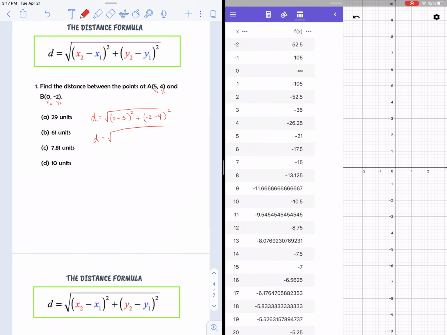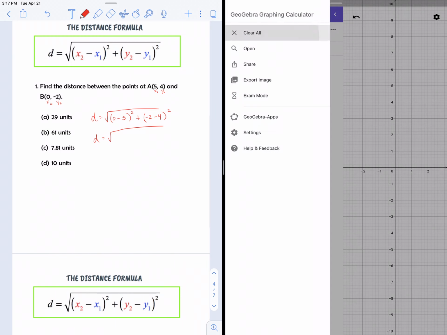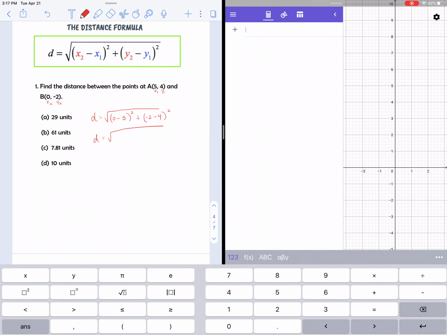If you're going to use the calculator, make sure you don't put the radical into the calculator, just what's underneath. So I would start with the 0 minus 5, and then outside the parentheses squared, and then plus inside parentheses negative 2 minus 4, outside the parentheses, that's not squared, and that gives us 61.